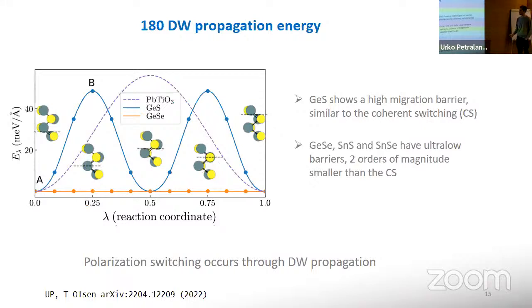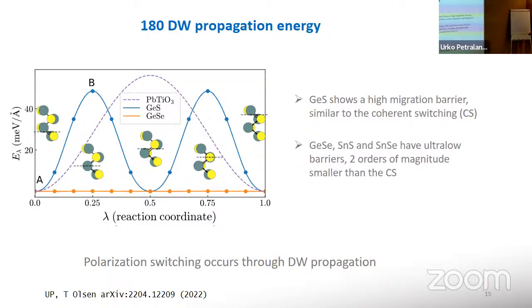Then we went to 180 degrees to see what happens, and a pretty similar picture. The anisotropic compound is the hardest to move, this time on the order of magnitude of lead titanate, and the less anisotropic systems have energy barriers about 2 orders of magnitude lower.